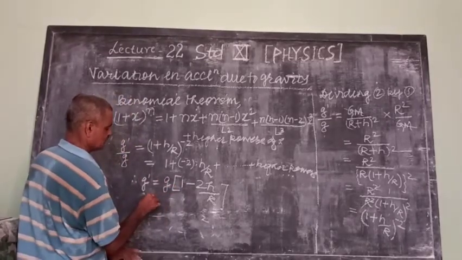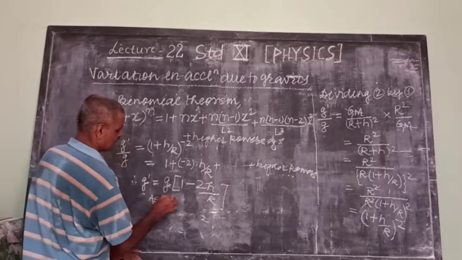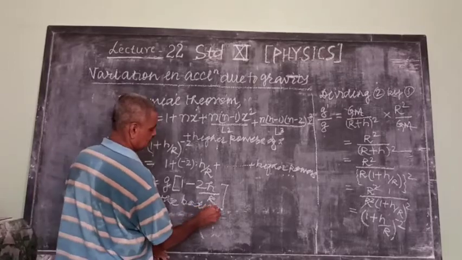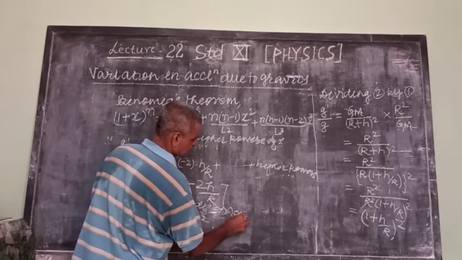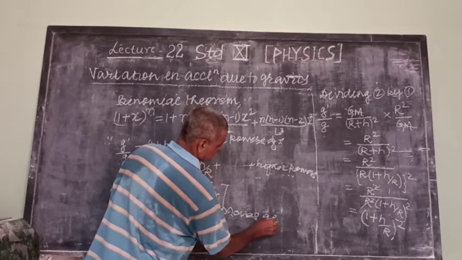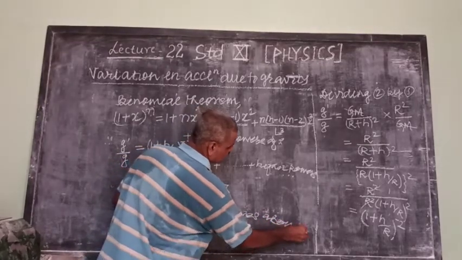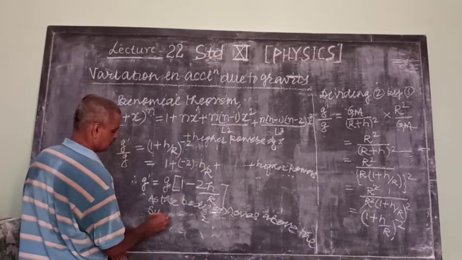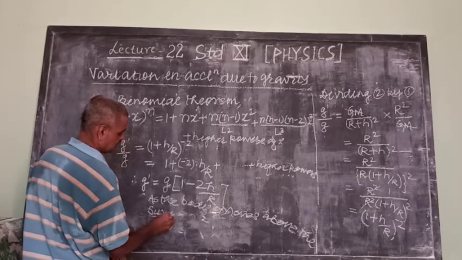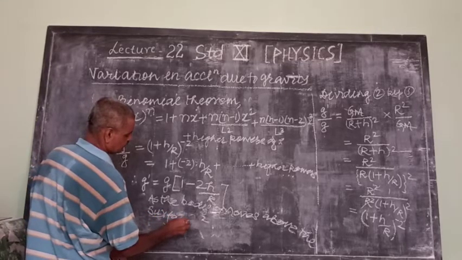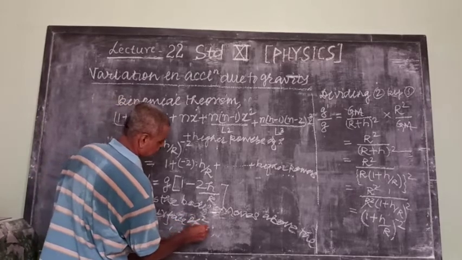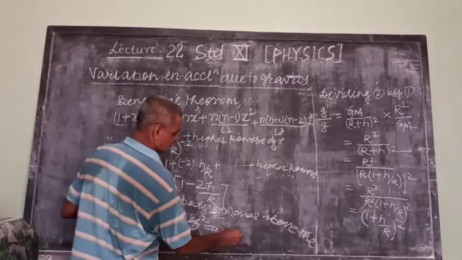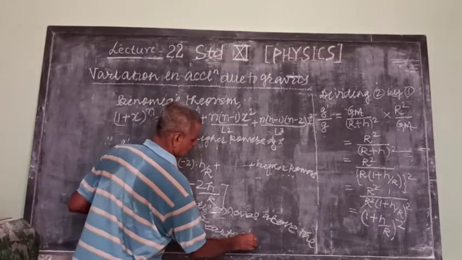We can write the conclusion: as the body moves above the surface of earth, g dash decreases.